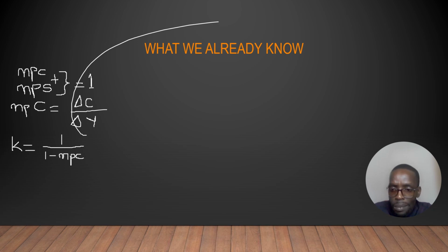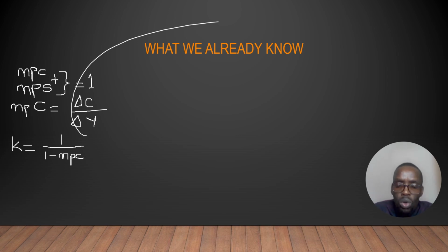Why are we saying MPC? Because this is the marginal propensity to consume. In other words, this is the amount of additional income that is going to be spent on demanding goods and services. So this is spending that is used from that additional amount of income that we have received when we demand goods and services. So that's why we are using our MPC there.